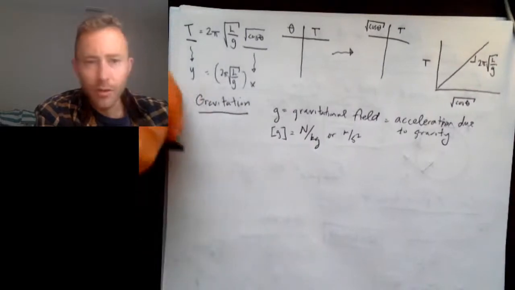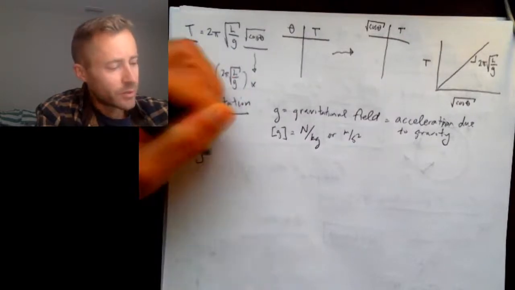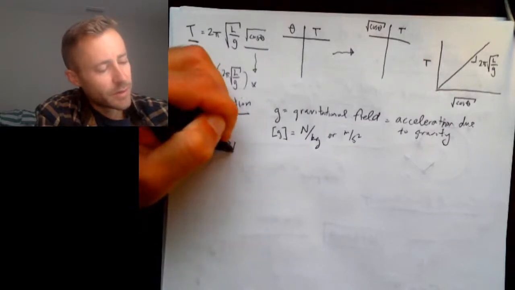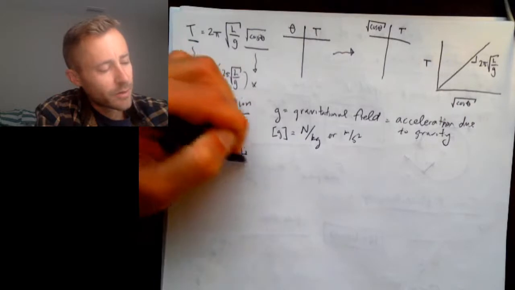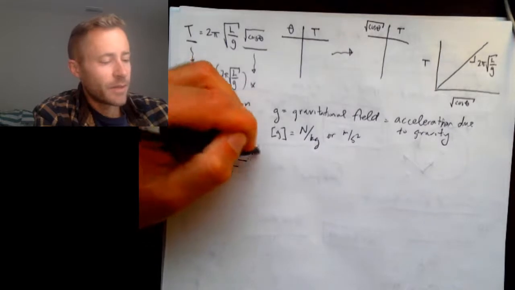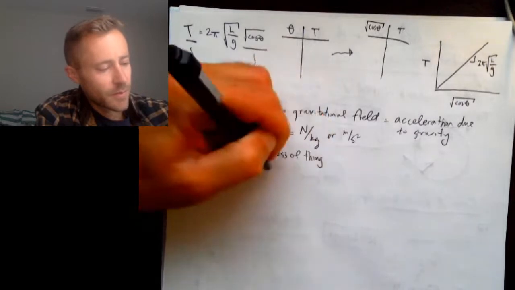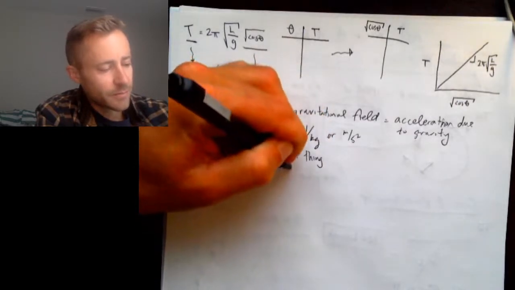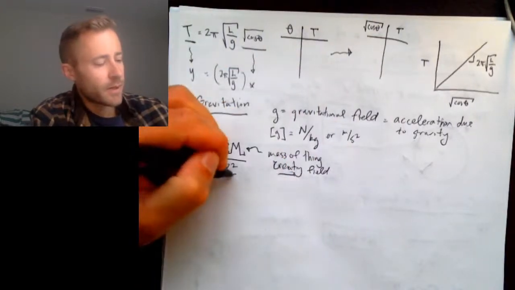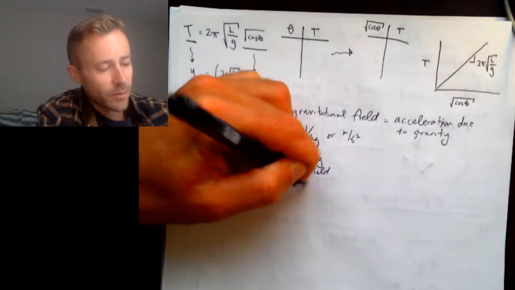So massive bodies create gravitational fields. So the gravitational field is G, big G, times big M divided by R squared, where big M is the mass of the thing creating the field, okay, and R is the distance from the thing.